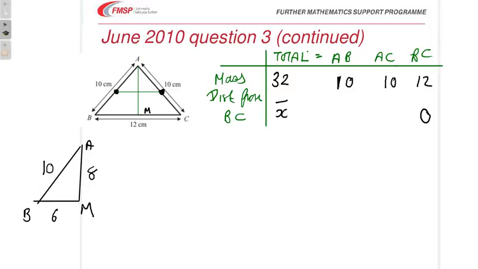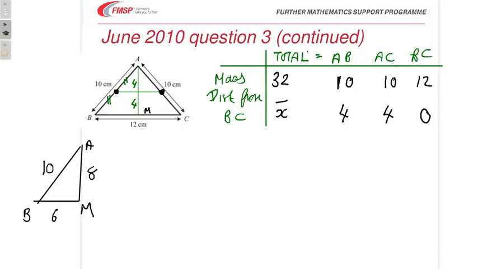So the side AM is of length 8, so this bit here is of height 4, because that's halfway up that side. So for AB and AC, the heights are both 4.